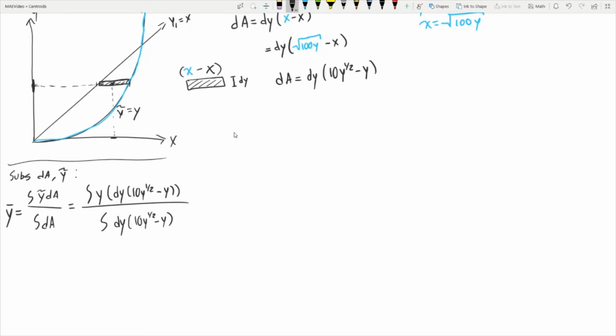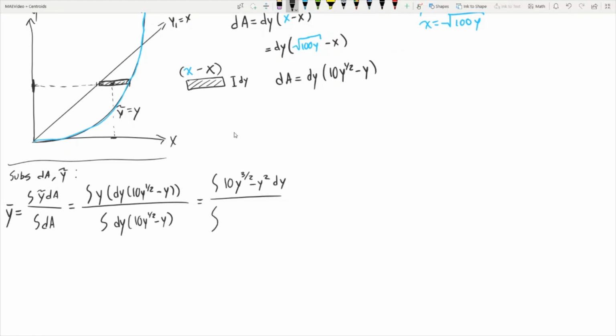And from here, we can distribute the numerator. We'll be left with 10y to the 3/2 minus y squared dy.